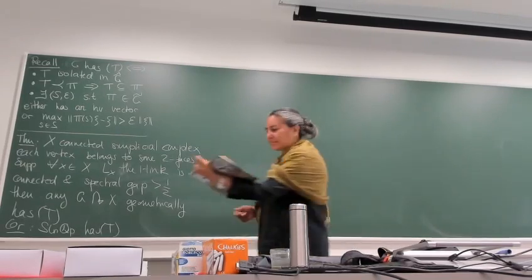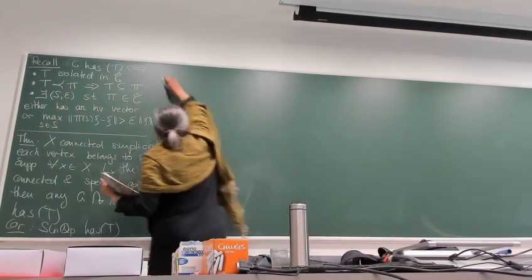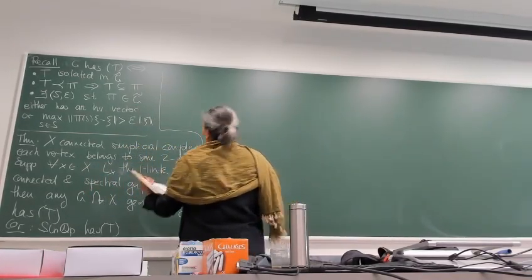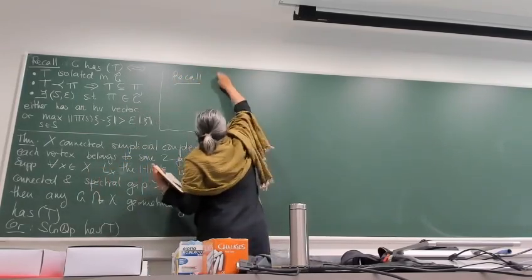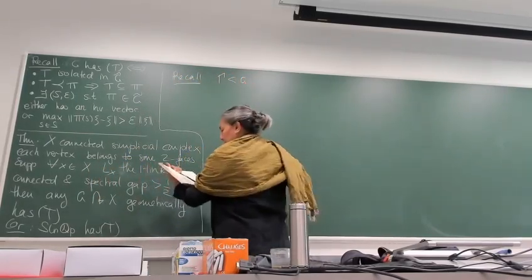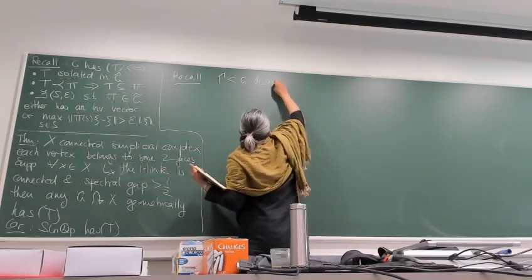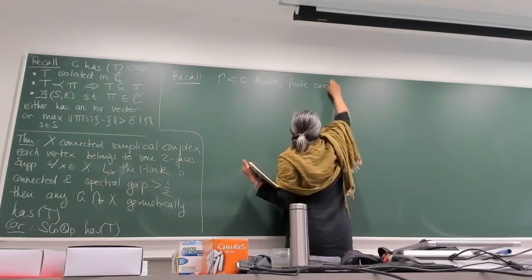All right. Okay. Let me just also recall that. Gamma contained in G discrete, finite covolume.